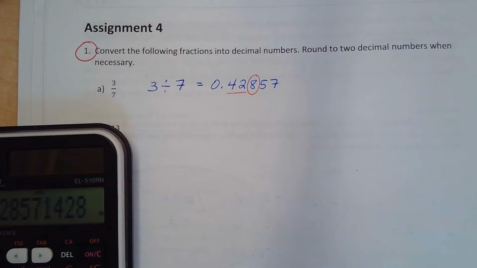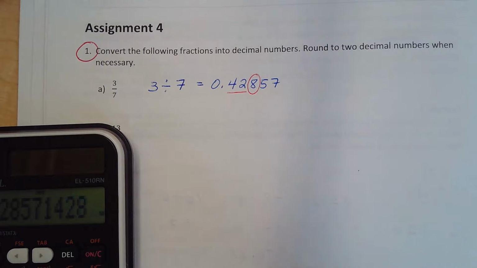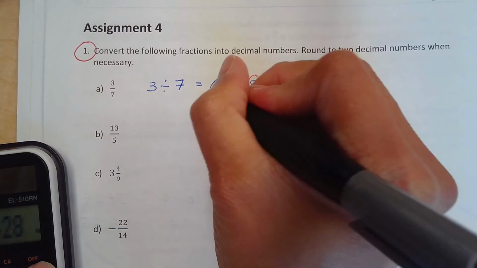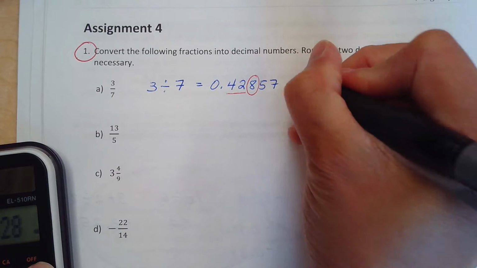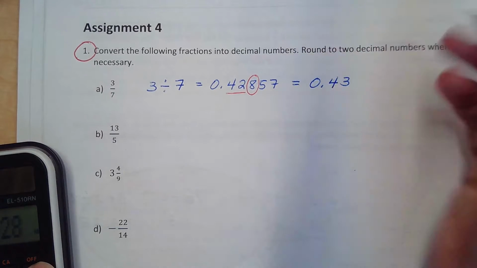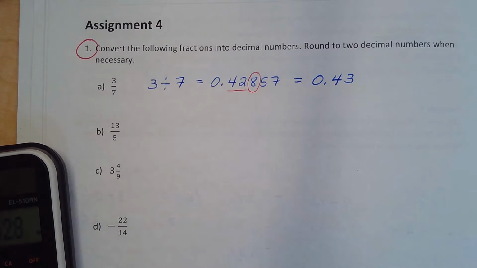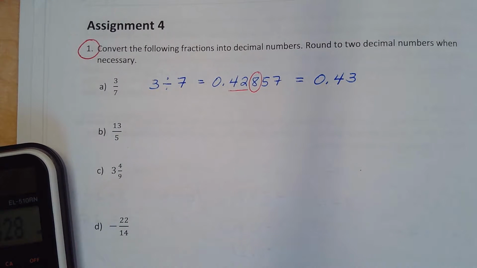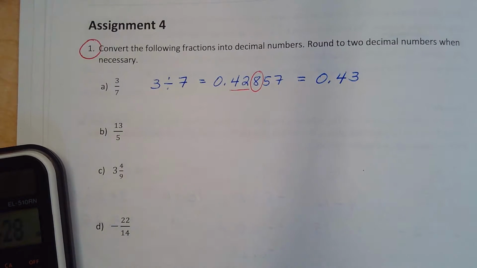One more. That's why it's called rounding up. So that's equal to 0.43. And then we just leave it like that because there's no unit involved in this. It's just the numbers.